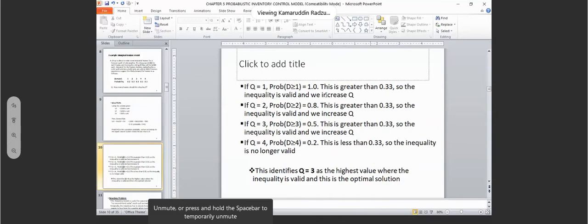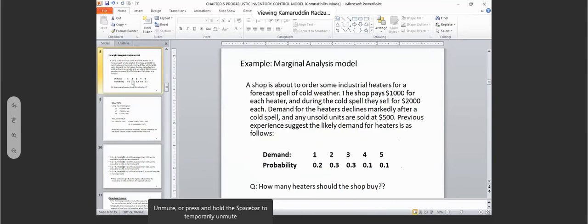So how do we get this probability with 1, 0.8, 0.5, 0.2? We need to start with the lowest order quantity. So the lowest order quantity in this case is 1.